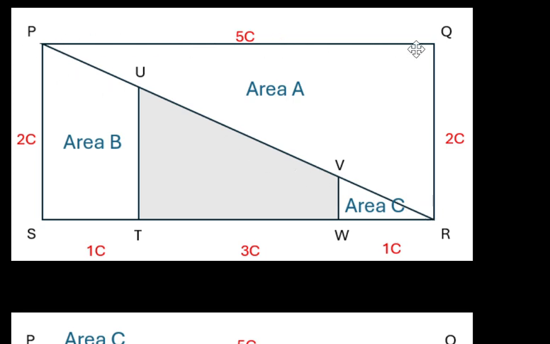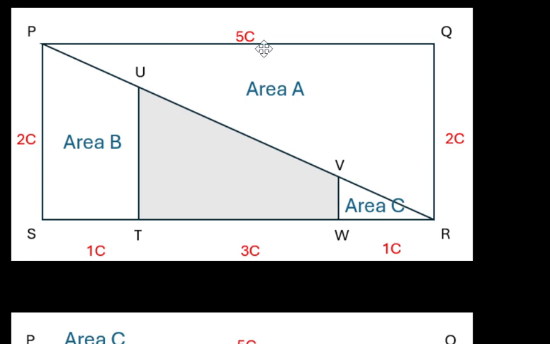This is a triangle, and half base times height gives you area A. You know the area of the rectangle, which is length times breadth. So if you take the rectangle minus the area of the triangle, minus area B, and minus area C, then you get exactly this shape, which is the shaded area.